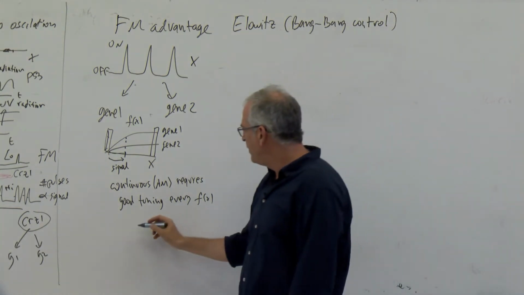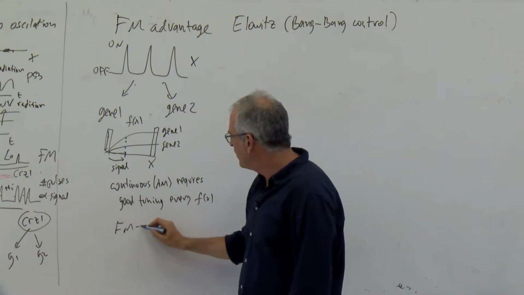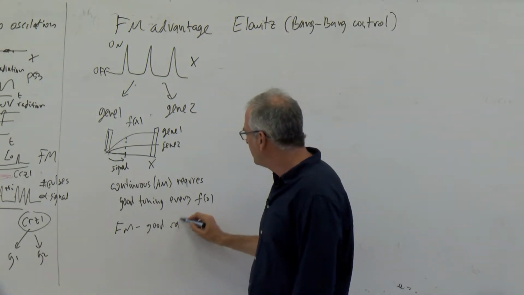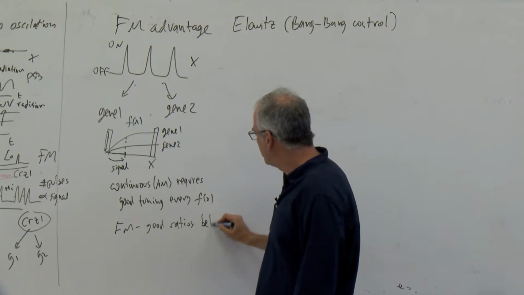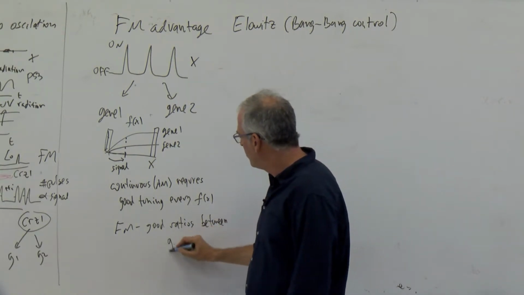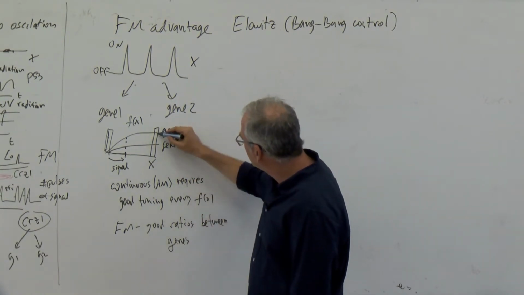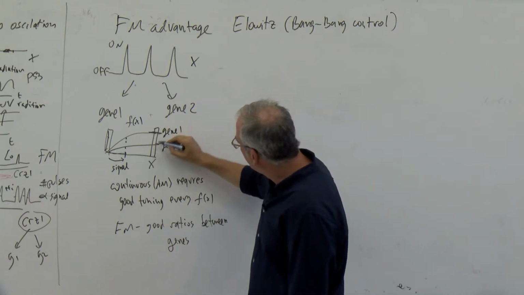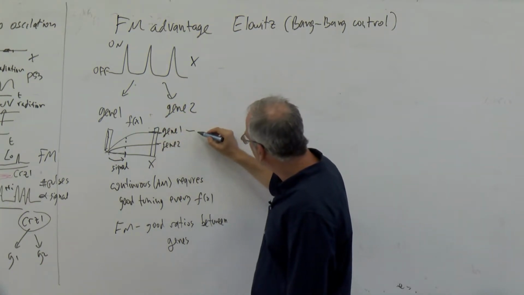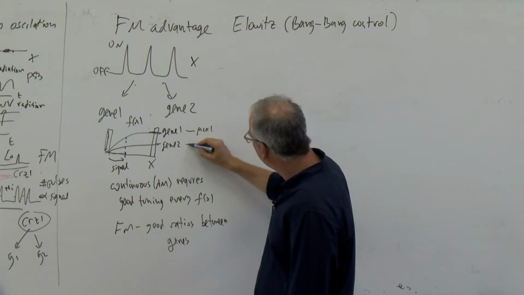So FM gives good ratios between genes, which is this level here. Let's call it max 1 and max 2.